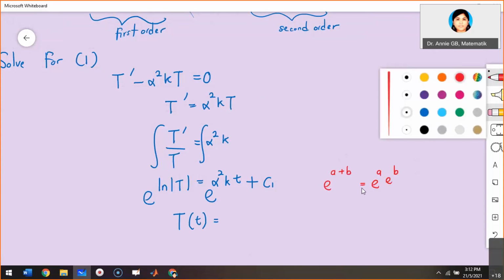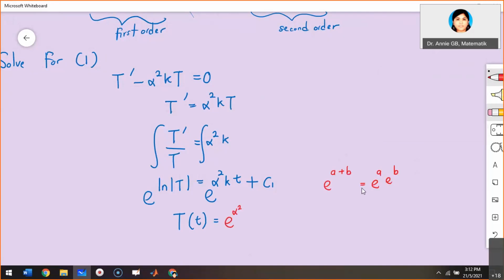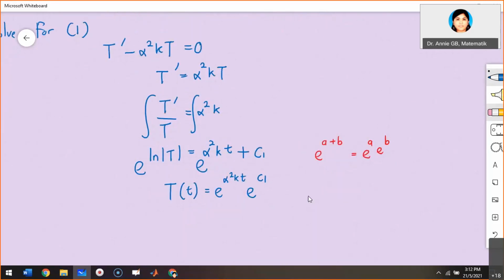So this one, I can write it as exponent alpha squared kT exponent C1. Okay, exponent C1 ni tak payah tinggalkan dalam bentuk exponent C1 because it's a constant. So I can write it as A exponent alpha squared kT. Okay, so this is my equation yang ketiga saya dah dapat involving time.